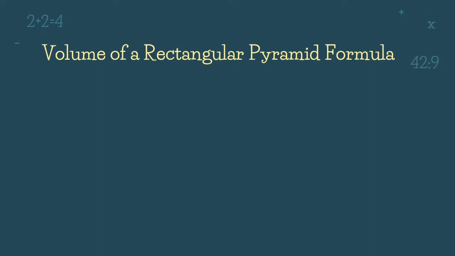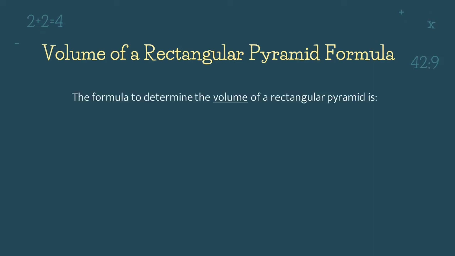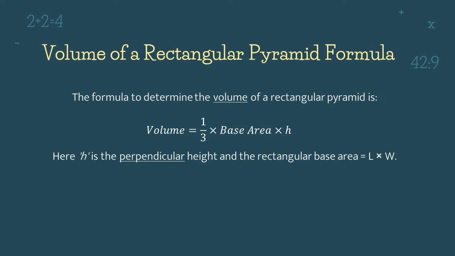Volume of a rectangular pyramid formula: the formula to determine the volume of a rectangular pyramid is volume equals 1 divided by 3 times base area times h. Here, h is the perpendicular height and the rectangular base area equals L times W.